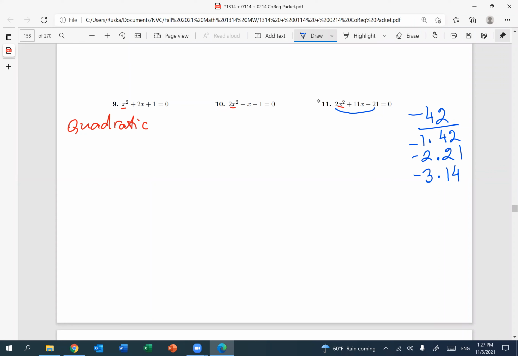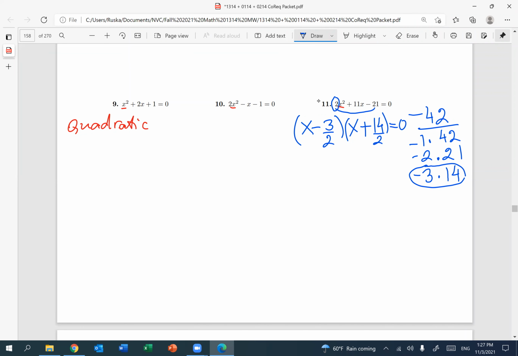You got it? So these are the 2 numbers I'm going to use to factor it. Using those two numbers, I'm going to put x minus 3 and x plus 14, and I'm going to divide those numbers by 2 because we multiplied by the first number. So it's going to be x minus 3 over 2 and x plus 14 over 2 equals 0.